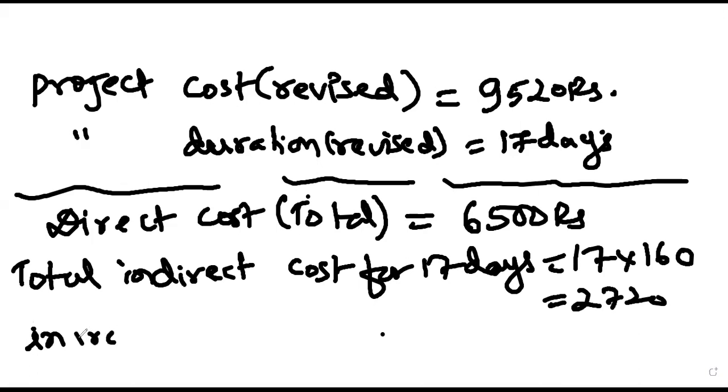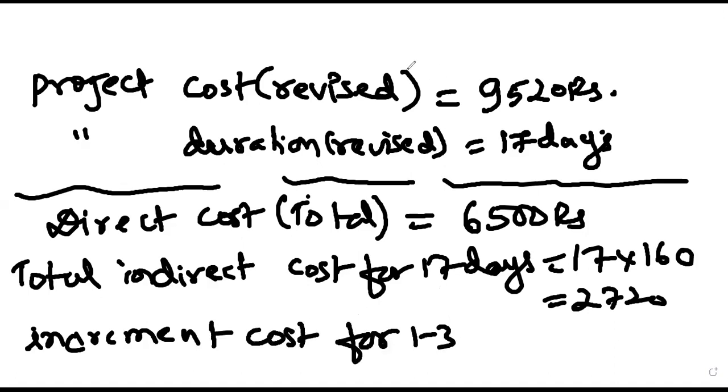Now comes the incremental cost. Incremental cost for 1-3 activity, for 3 days, is 3 into 90. So it will be 270. The project cost will change.